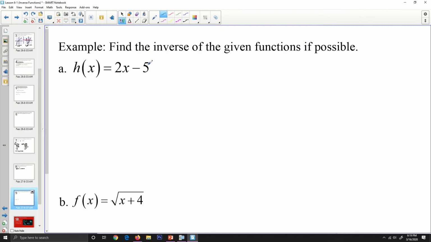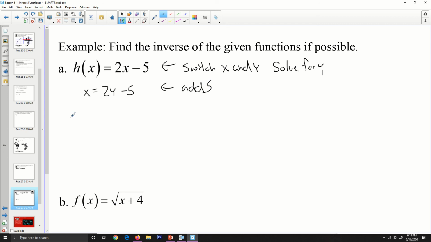So how are we going to do that? Well, we're going to switch x and y, so we go x equals 2y minus 5. Switch x and y, and then solve for y. Here I'm going to add 5, and so I'll have x plus 5 equals 2y.